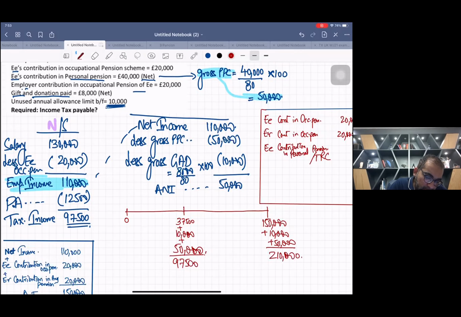The capacity of the first band is 97,500, and the capacity of the second band is 210 minus 97,500, which is 112,500.